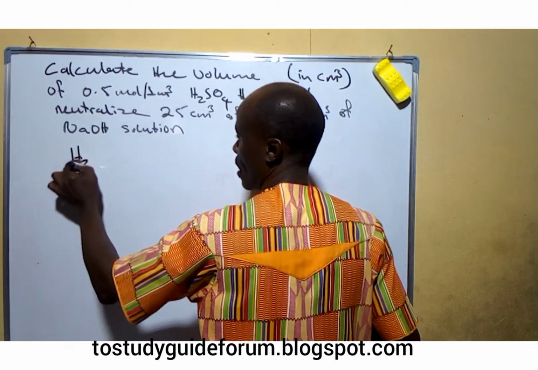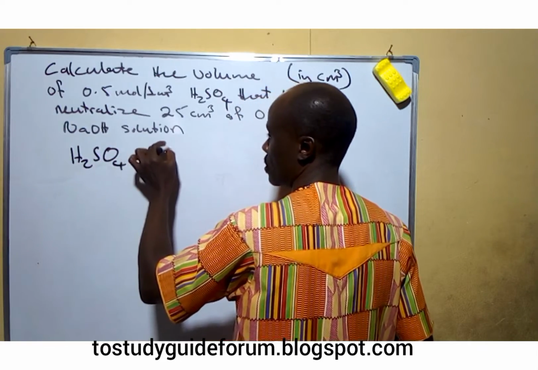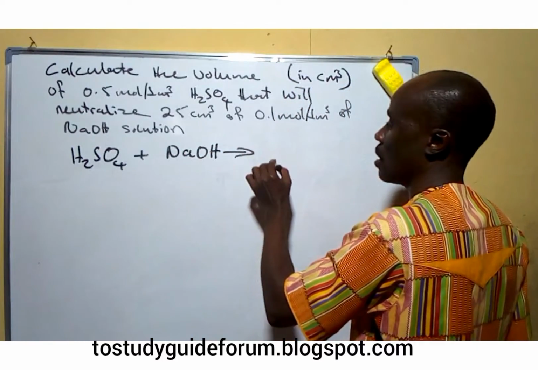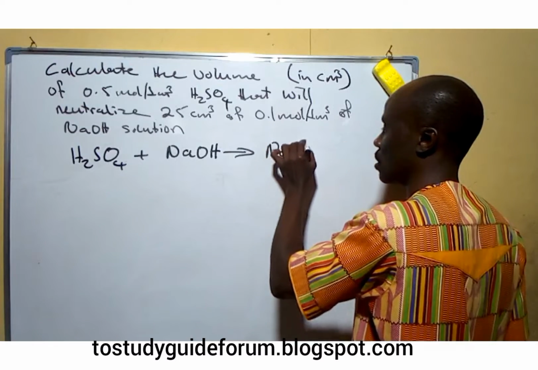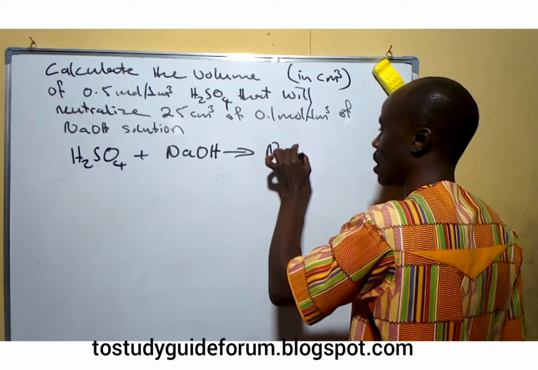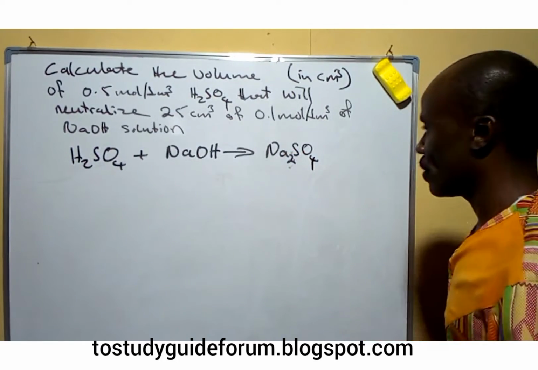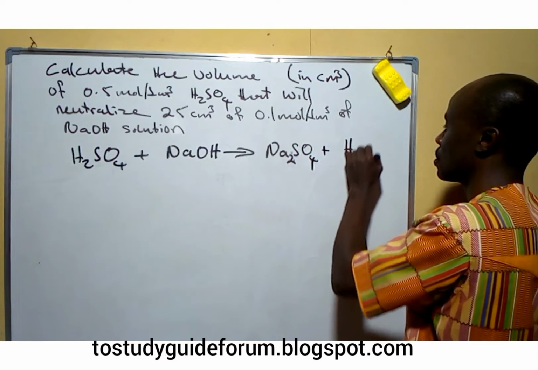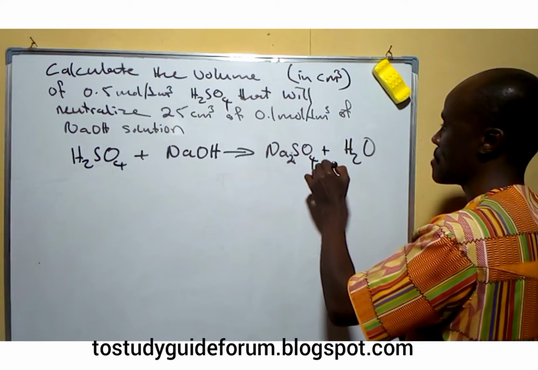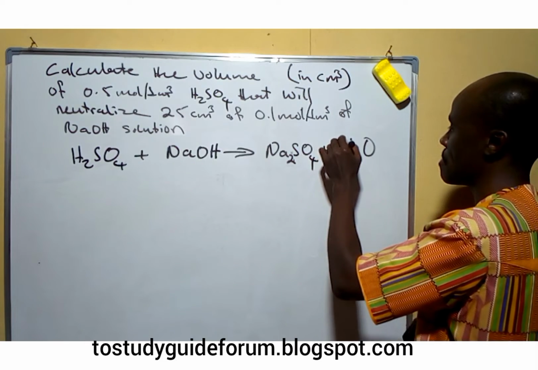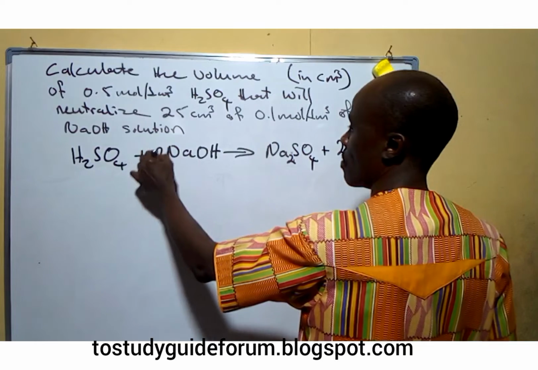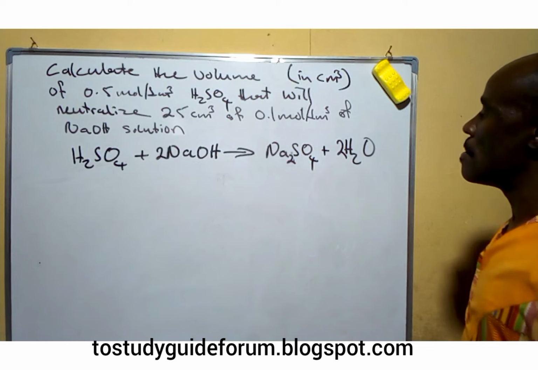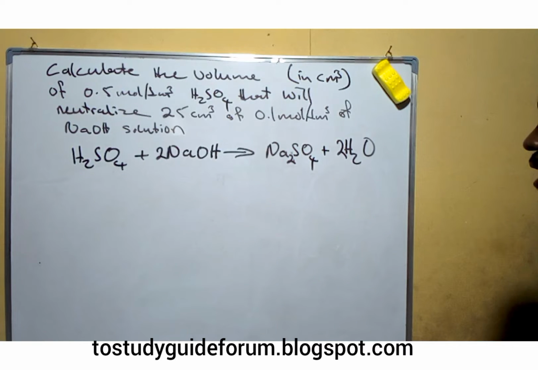In the chemical equation, we have tetraoxosulfate VI acid, and then we have sodium hydroxide, that will give us sodium tetraoxosulfate VI salt plus water. Alright, I think the equation is now balanced.